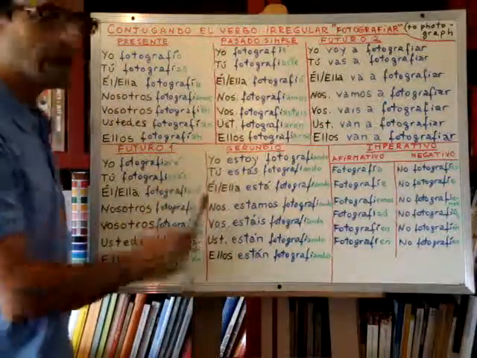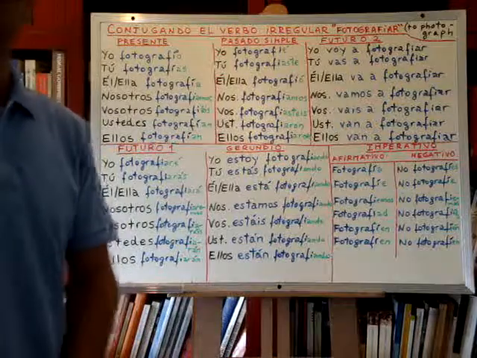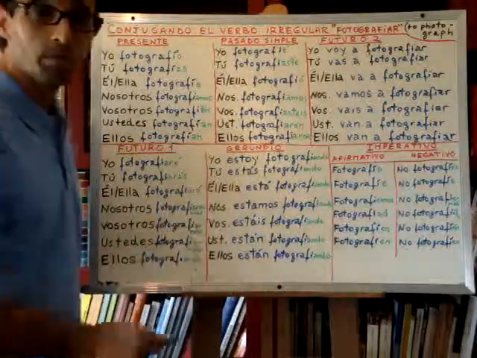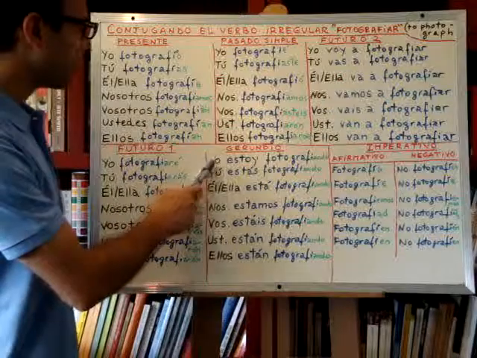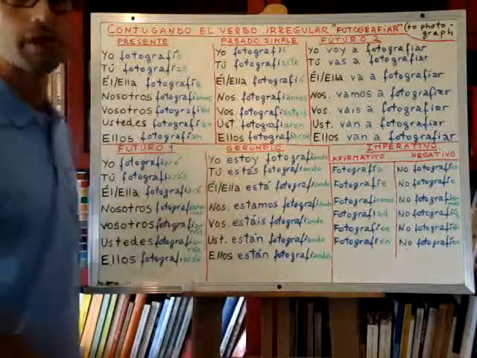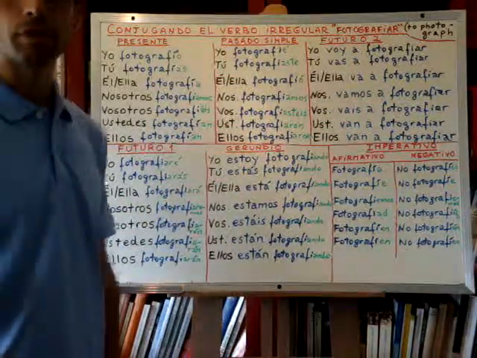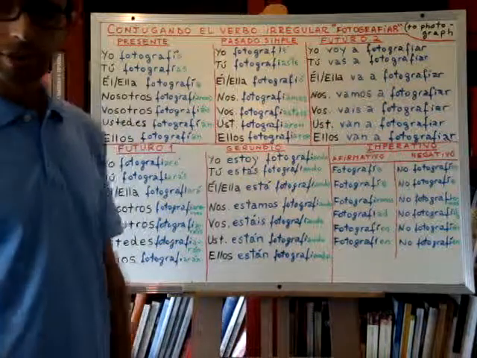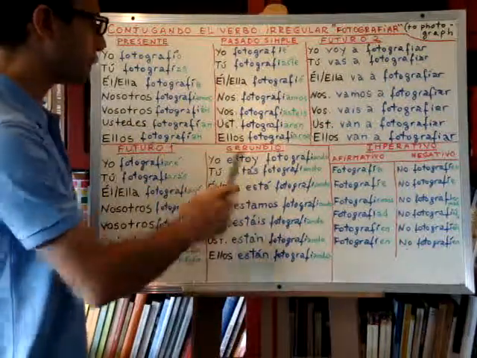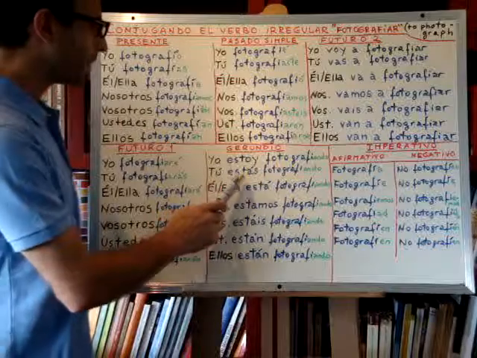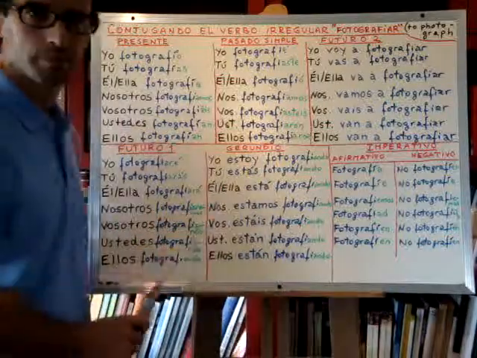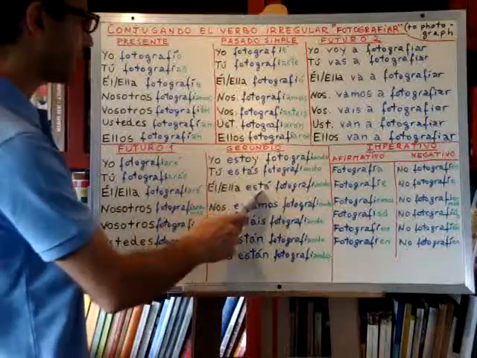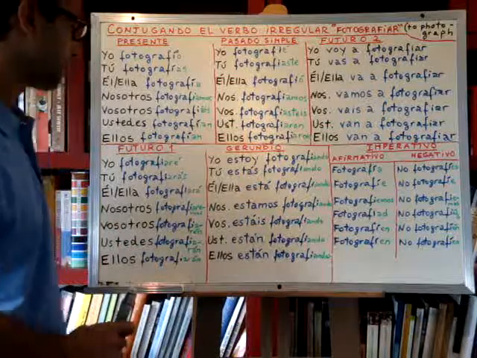Let's see now present continuous, right? Gerundio is present continuous. Yo estoy fotografiando. I am photographing, or taking a picture, right? Tú estás fotografiando. Él está fotografiando.